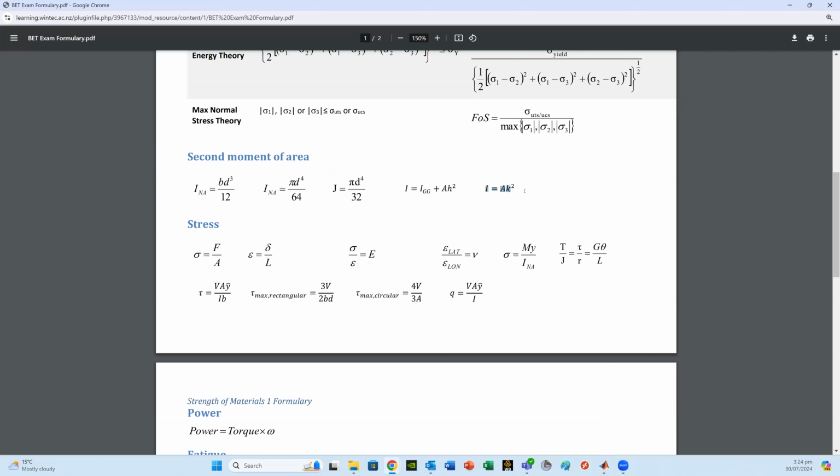So you can see there's a relationship between them. I represents the second moment of area, A is the area, and K is the radius of gyration. So technically, to calculate the K value, I need to take the square root of I over A, and that will give me the value for it. So go back to my script and reorganize that. This is all available in the formula sheet.